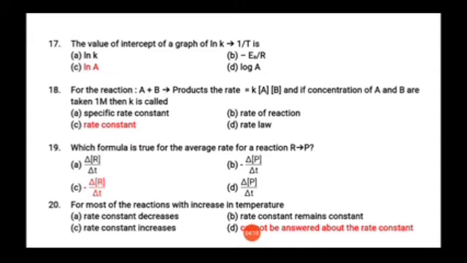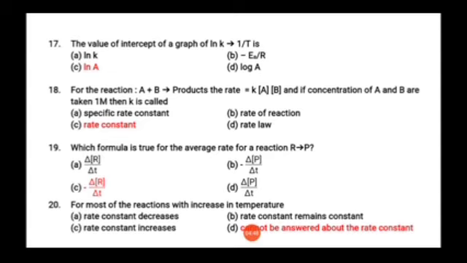Next question, that is question number 19, that is which formula is true for average rate of reaction for say R converts into P, where R is reactant and P is product. So the options are A, dR by dt, B, minus dP by dt, C, minus delta R by delta t, and D, plus delta P by delta t.